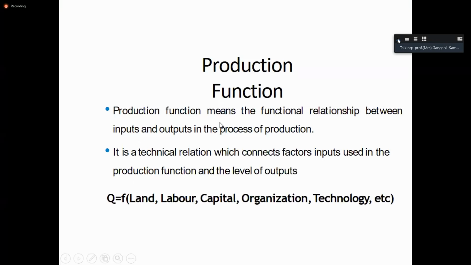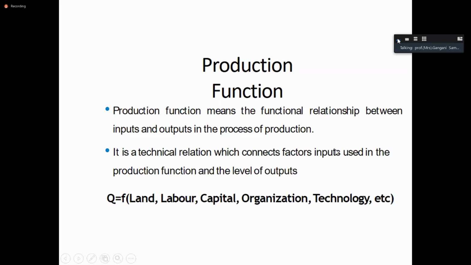So production function means the functional relationship between inputs and outputs. In the process of production, production is a process or any activity. Okay? So it's a technical relation which connects factors used in production and the level of the outputs.